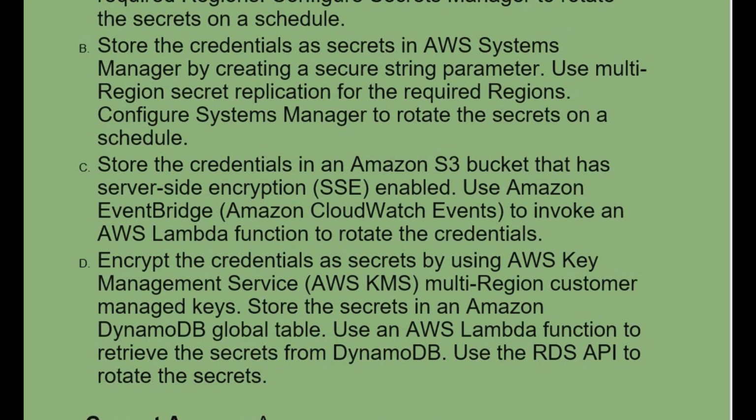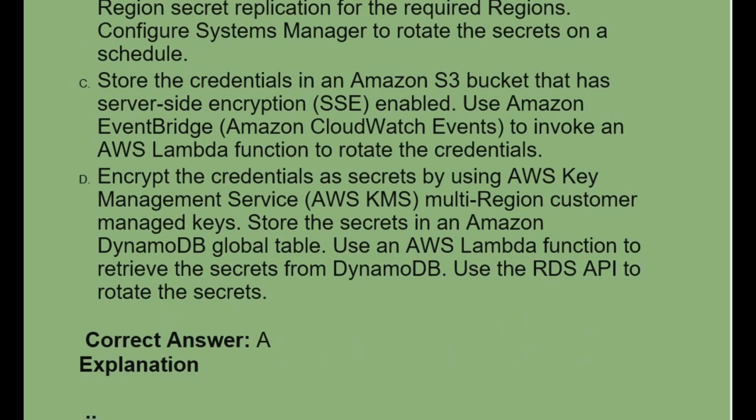Store the secrets in an Amazon DynamoDB global table. Use an AWS Lambda function to retrieve the secrets from DynamoDB. Use the RDS API to rotate the secrets. Correct answer is option A.